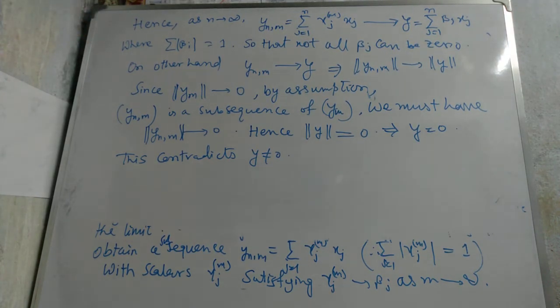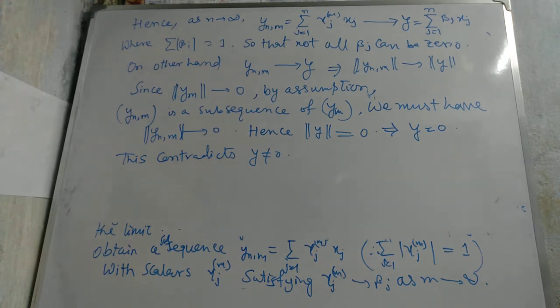Then we also show that the norm of alpha 1 x1 + ... + alpha n xn is greater than or equal to c multiplied by (norm of alpha 1 + norm of alpha 2 + ... + norm of alpha n).